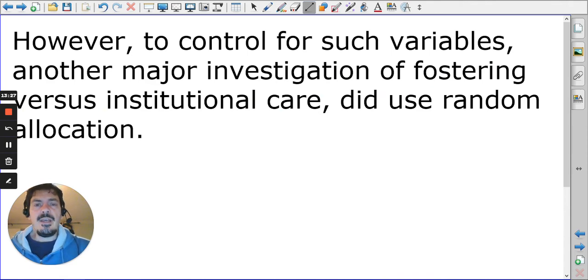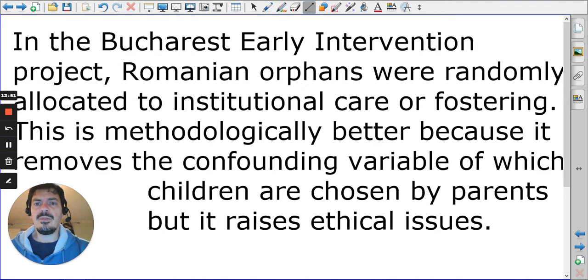Now, of course, we wouldn't be able to control for these variables, because it would be pretty unethical. It says, however, to control such variables, other major investigations of fostering versus institutional care did use random allocation. So it's one of these things that Rutter was taking the natural situation that we're in and having a look at it. But, for example, the Bucharest Intervention Program didn't have such controls as what Rutter did, and they did randomly assign people.